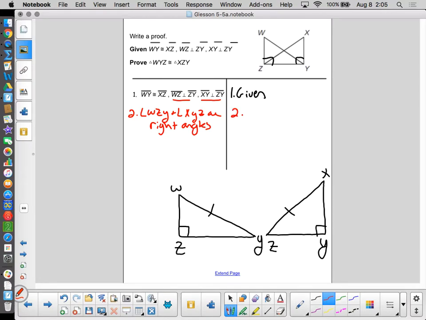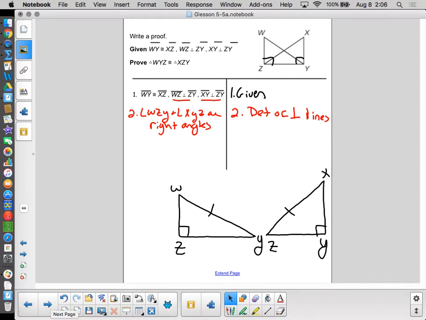Why? Because the lines are perpendicular. Because definition of perpendicular lines. By the way, don't ever talk about perpendicular angles. There's no such thing as a perpendicular angle. There are perpendicular lines.